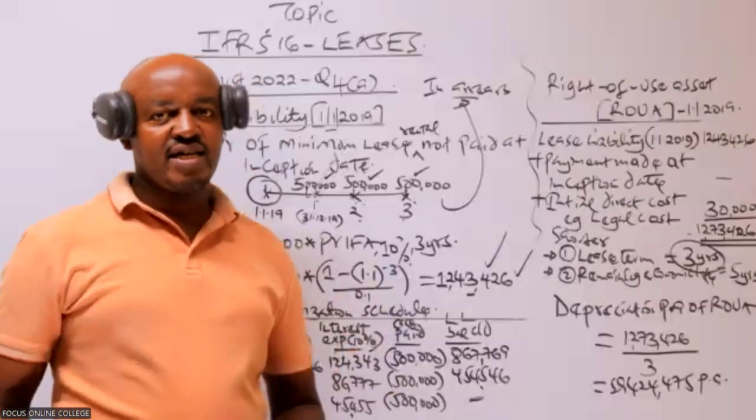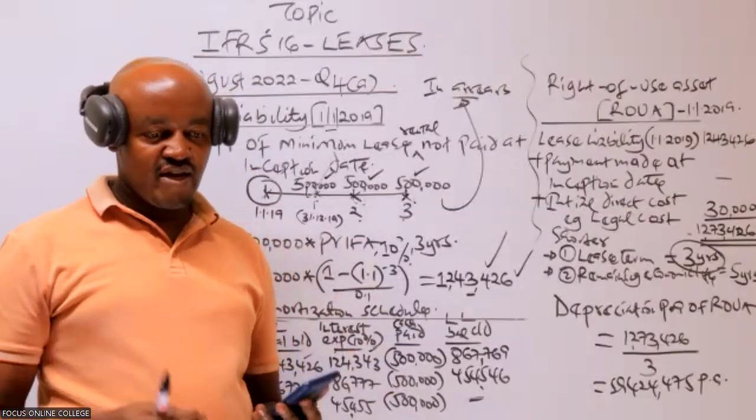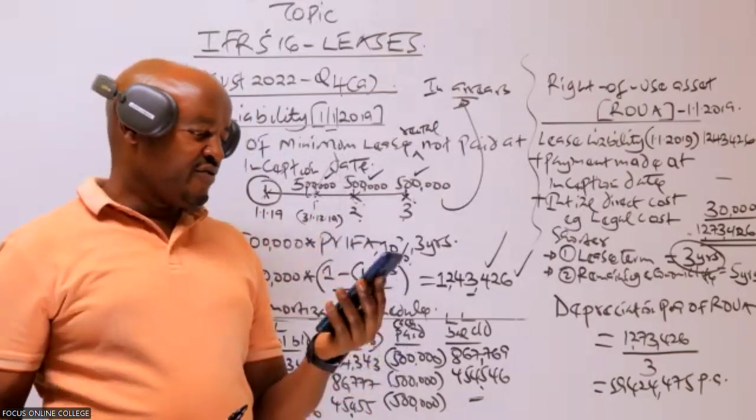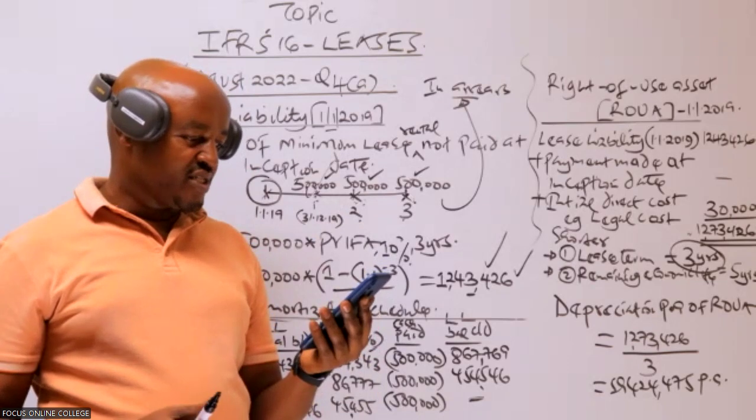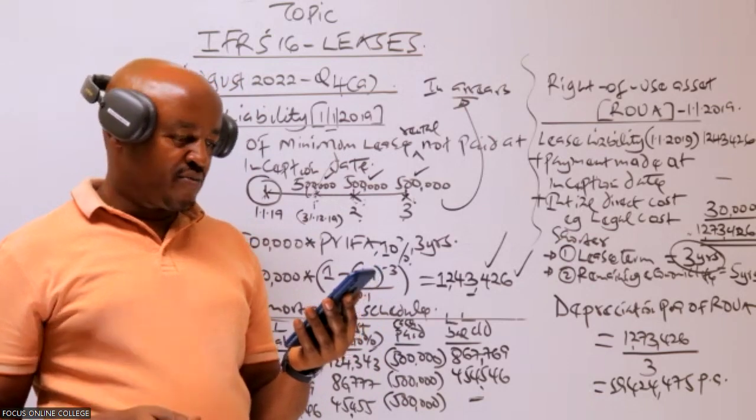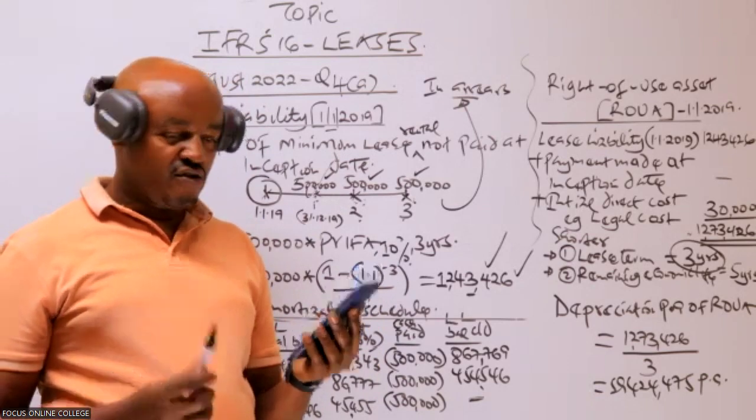Now, have we answered the question? Have we been able to provide what the examiner was requiring? If you go back to the question, we are required to analyze the accounting treatment of the above lease transaction from the inception, from the date it commenced, and for 3 years.